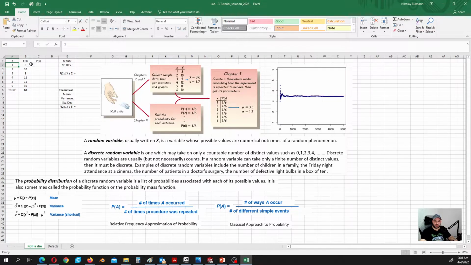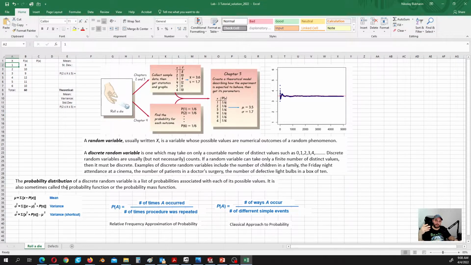So it's just going to be 1 over 6. The probability distribution, which is just the distribution of probabilities, is going to be uniform, because theoretically the probabilities for all simple events must be the same, 1 over 6.